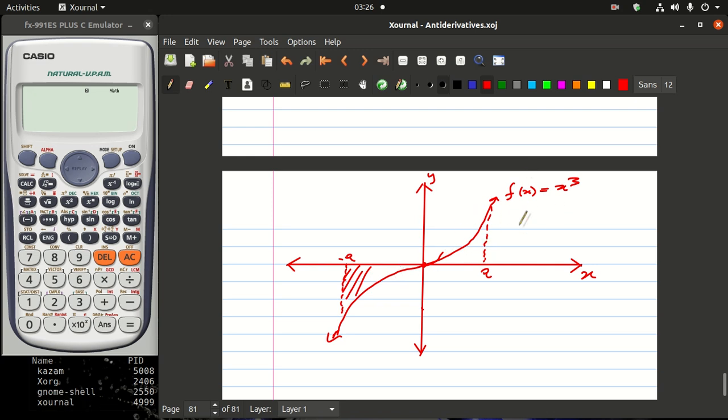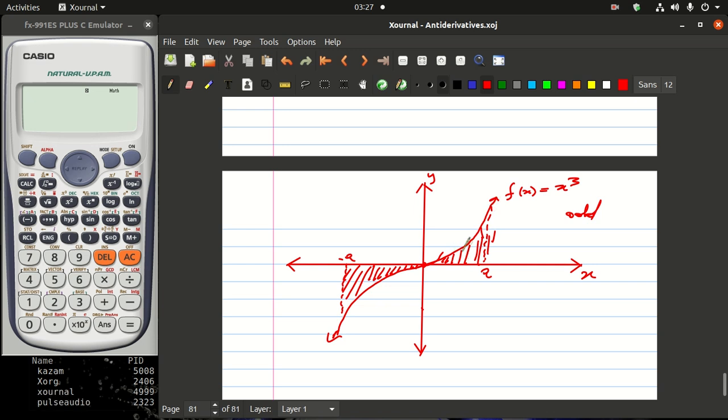So this is an odd function. So if I wanted to find the area under this curve, what is important here is this. This piece of area is going to be the same as that piece of area, because to get this portion here, I can get it with that portion.